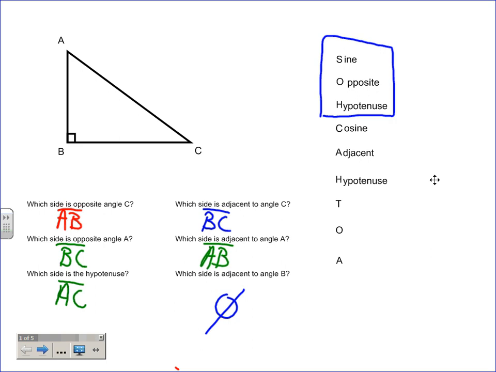So cosine, that's what somebody decided to call it, and that's the ratio of the adjacent side and the hypotenuse. Again, it's a fraction, adjacent over hypotenuse. Tangent is the T. That is the third one, tangent.